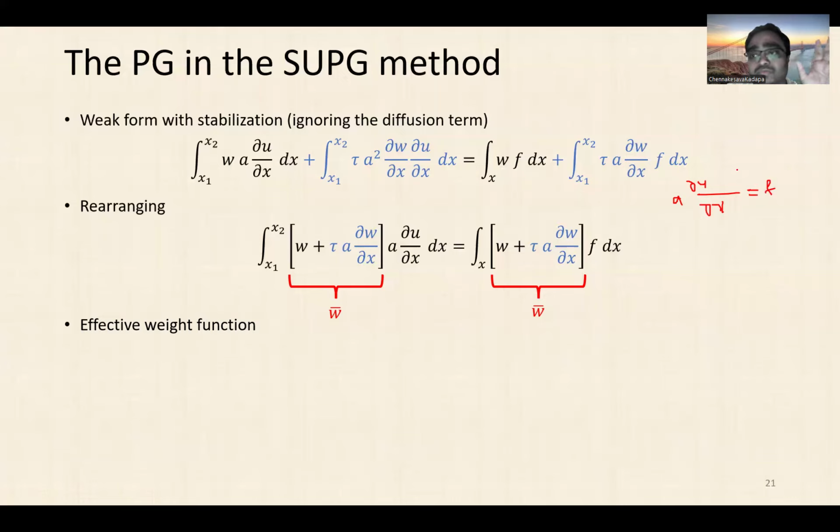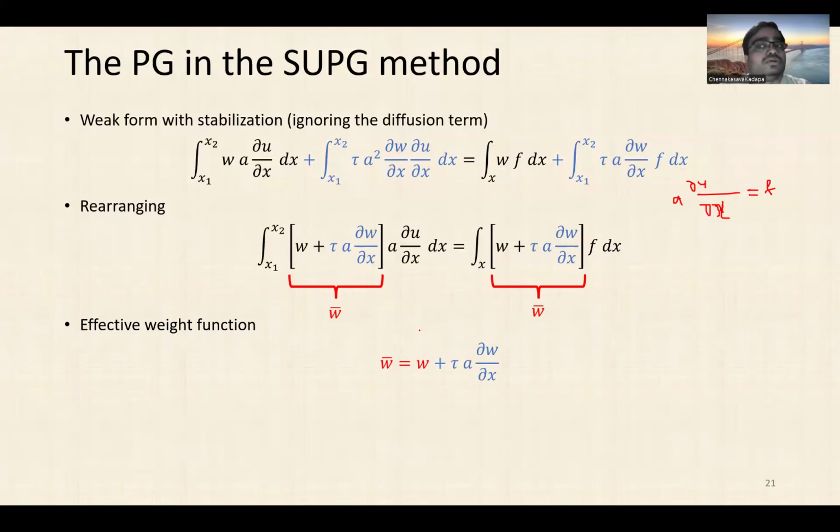This is the pure advection equation, as I said, ignoring the diffusion term. If we take w plus tau a dou w by dou x as the weight function, this is the weak form. For the discussion, let us denote this as w bar. So w bar is the weight function.